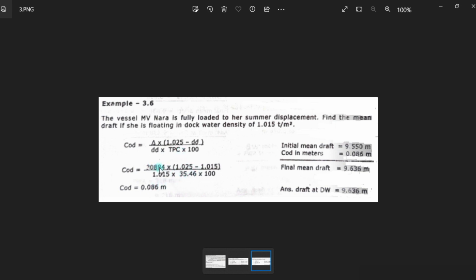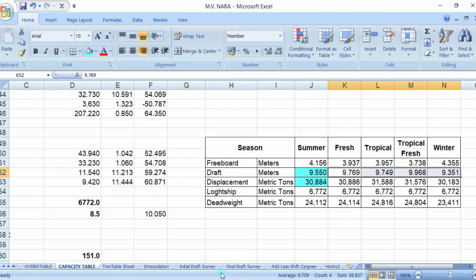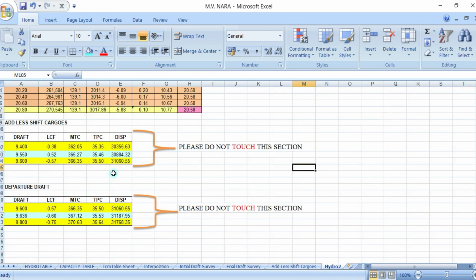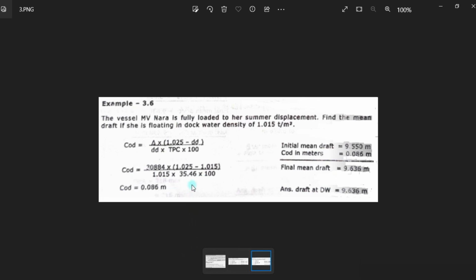What is his TPC at this draft? At the summer draft of 9.55, the TPC is 35.46. And the answer, guys, will be 0.086.